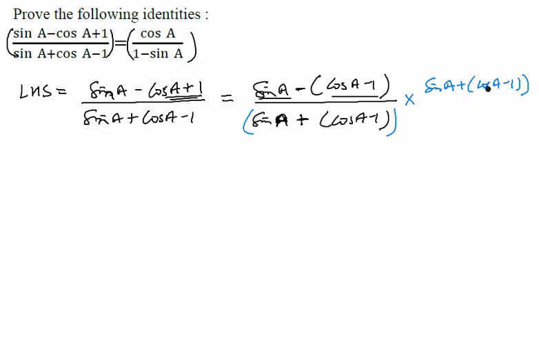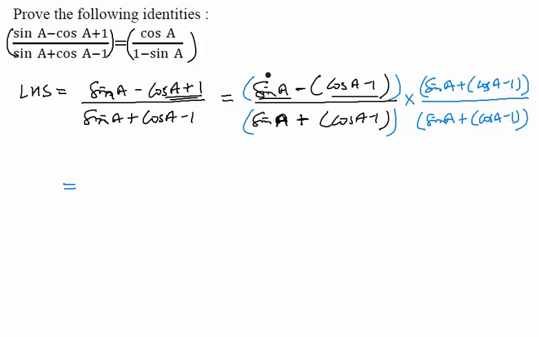But if I multiply by something, I will have to divide by the same quantity, because I don't want to change the value of the expression, I just want to modify it.